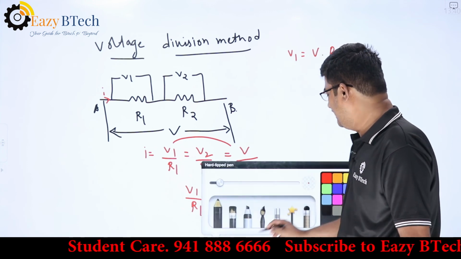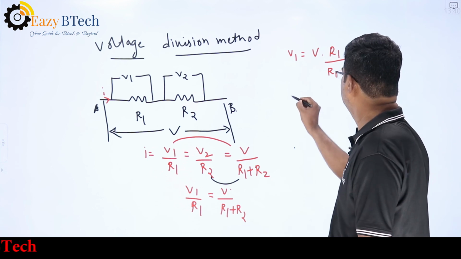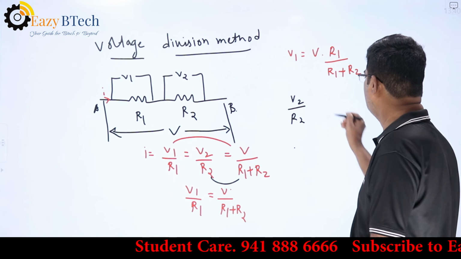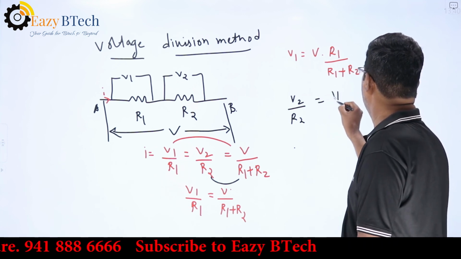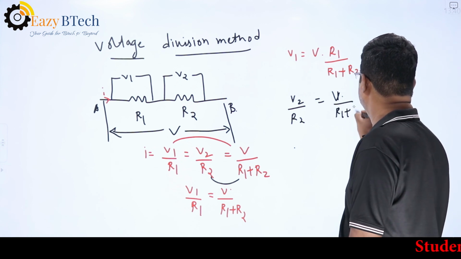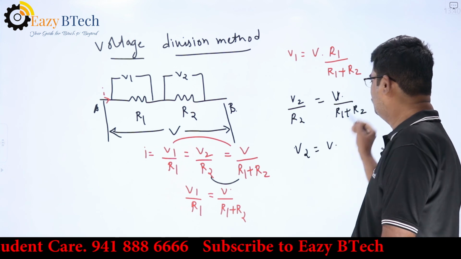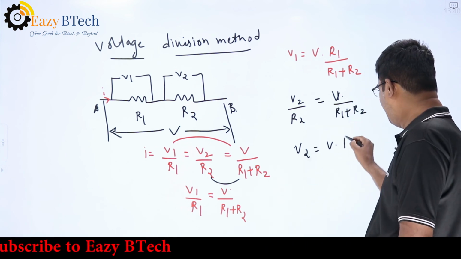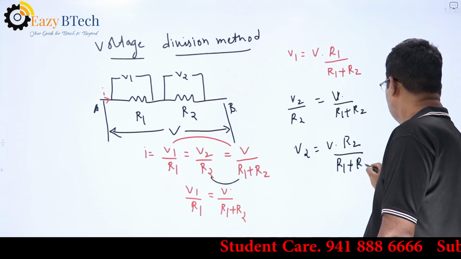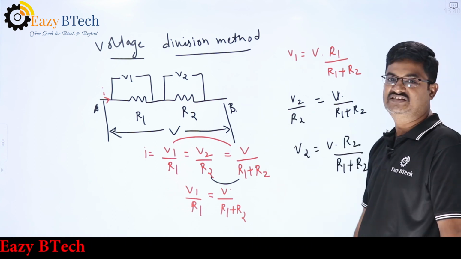Similarly, equating V2 by R2 is equal to V by R1 plus R2, my V2 is equal to total voltage into same resistance by sum of the resistances. This is how we solve the problem here. This method is said to be the voltage division method.